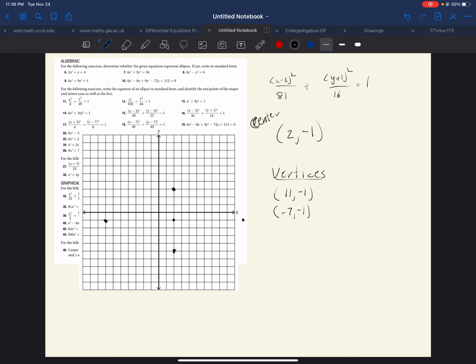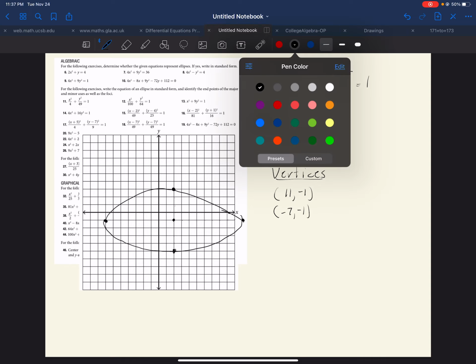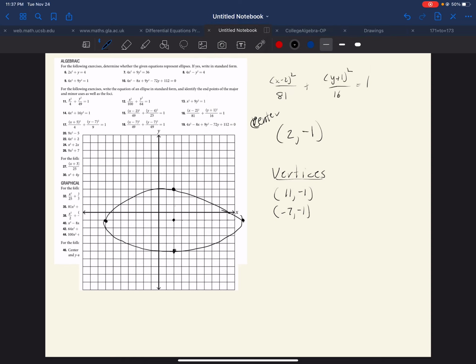Once I have that, now I can graph this as best that I can. I can figure out those other points too. Those are called co-vertices. And I know that I was over 2, but originally I was down 1.